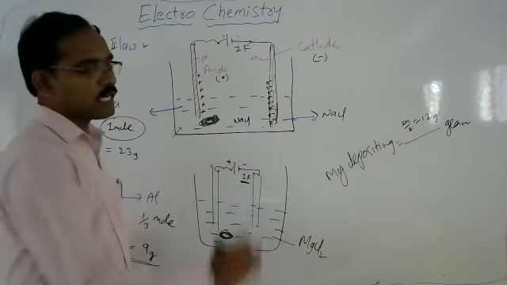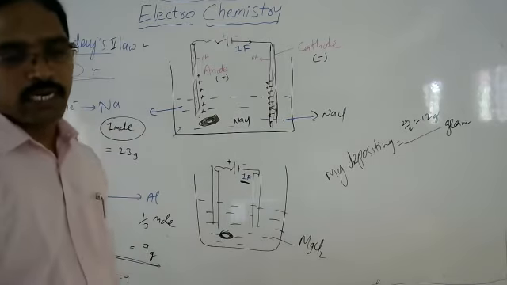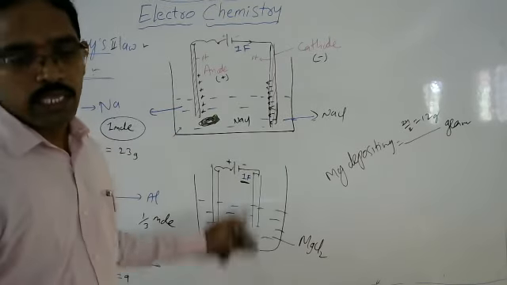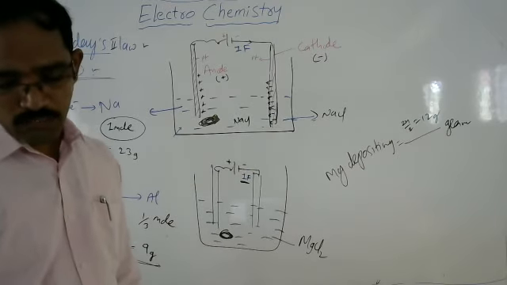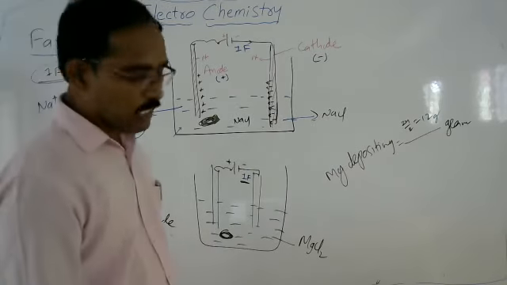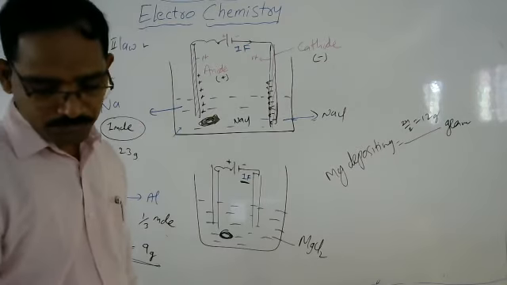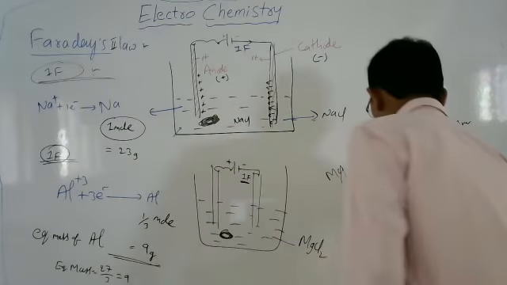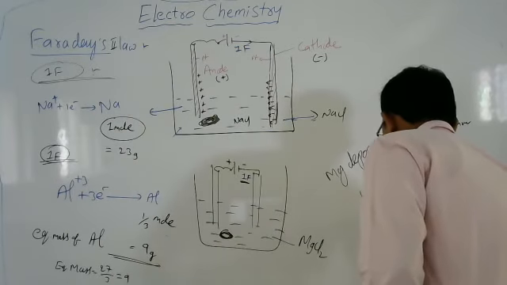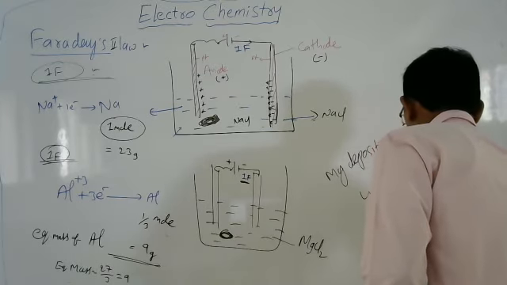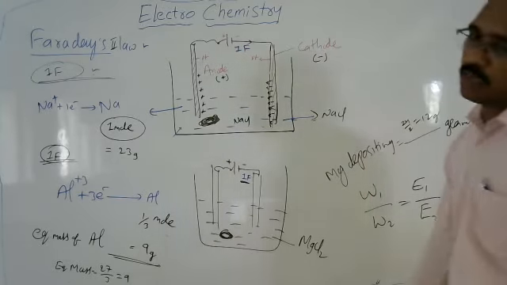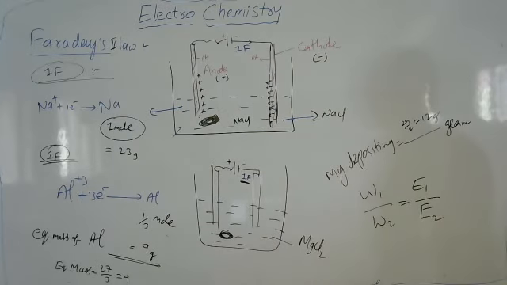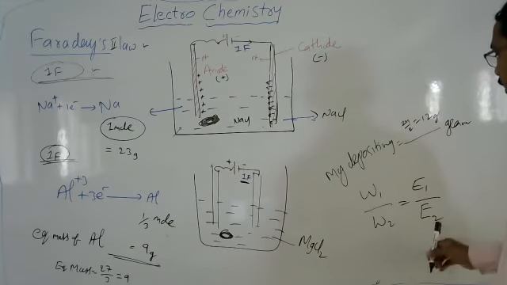The deposited mass is directly proportional to their equivalent mass ratio. Therefore, I can write one formula here: W1 by W2 equal to E1 by E2. What is this? The equivalent mass ratio.